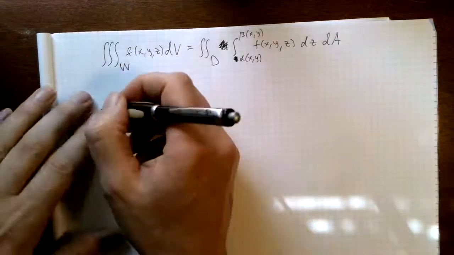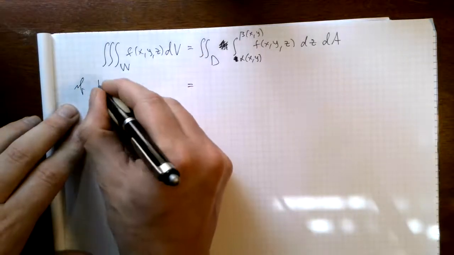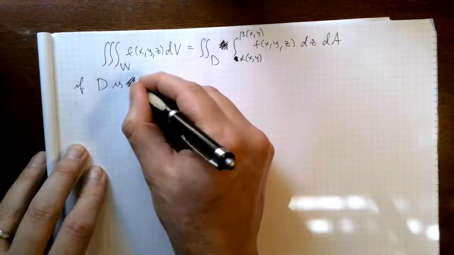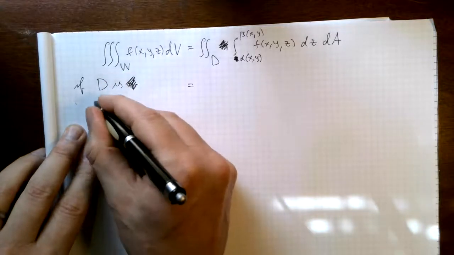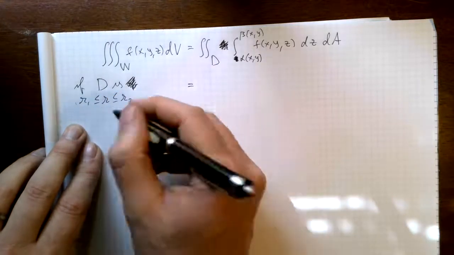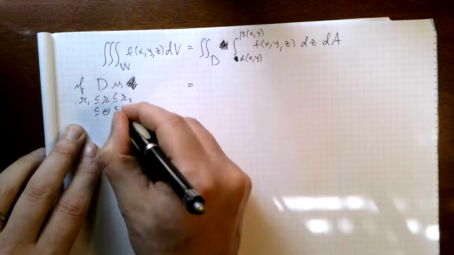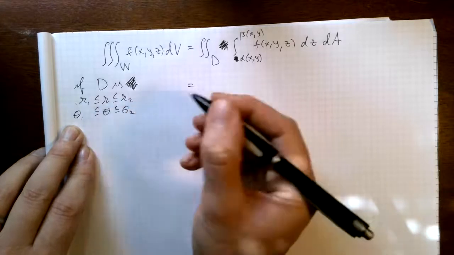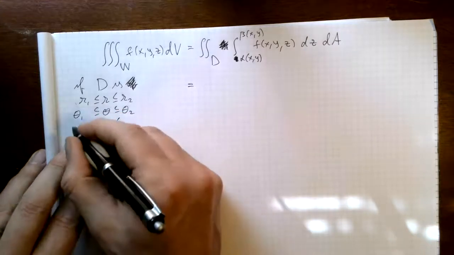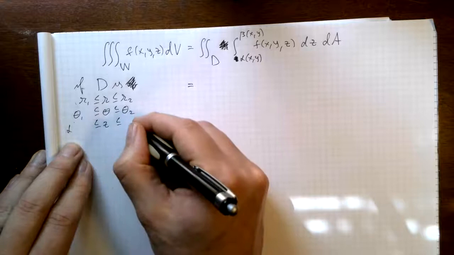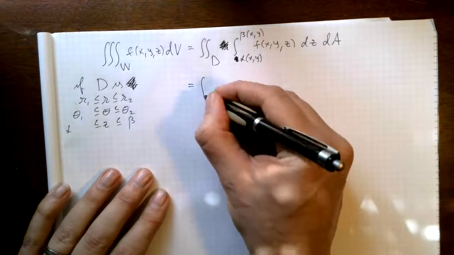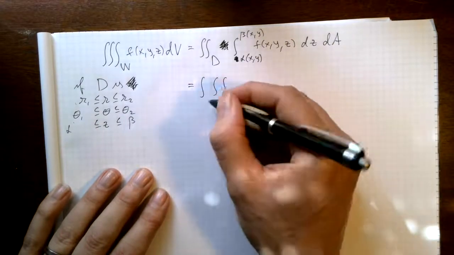So maybe if D is of the form where let's say r is between r1 and r2, and theta is between theta 1 and theta 2, and we said z was between alpha and beta, then you would have a triple integral.